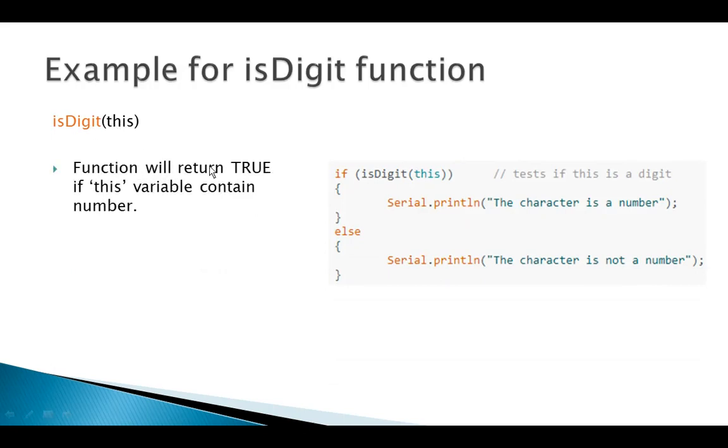This function will return true if this variable contains a number, otherwise it will return false. If the condition is true, then this will print on serial: the character is a number, otherwise it will print: the character is not a number.